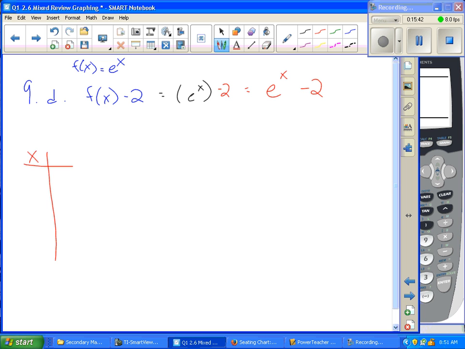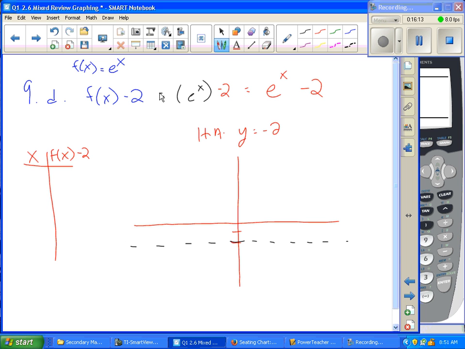So then my first step I want is to determine my horizontal asymptote. And what would the horizontal asymptote on this one be? Good, -2. So that minus 2 that they had us do on the function ends up being the k. So we'll say horizontal asymptote y equals -2. So drawing that one in.